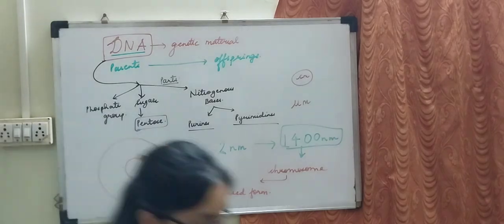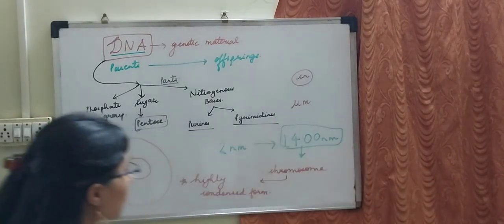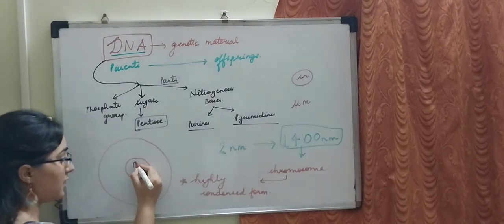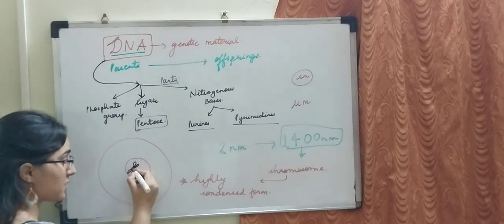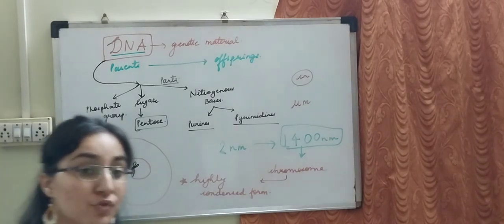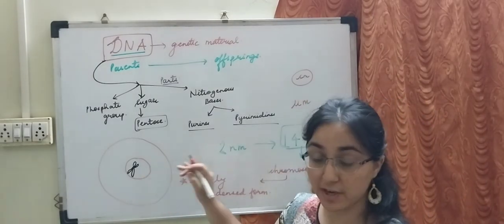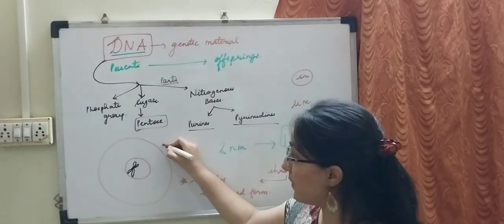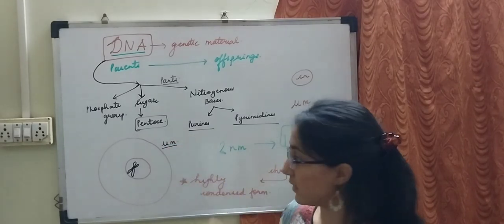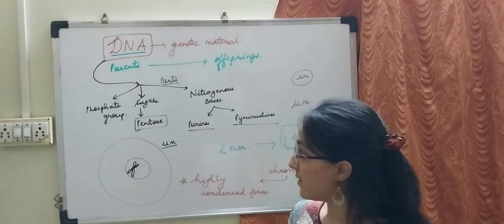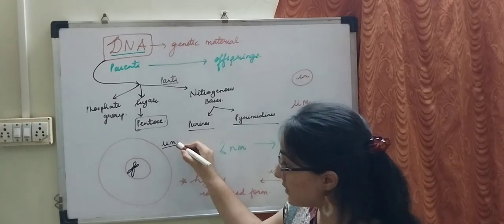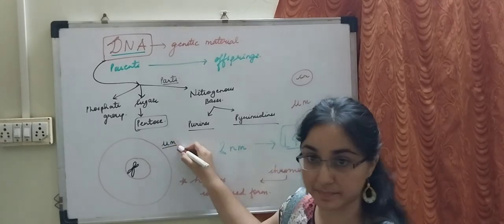In this nucleus, the chromosome is present. So you can see, to fit into this small cell, the actual size of the cell is in micrometer. You can see that below, this size is in micrometer.